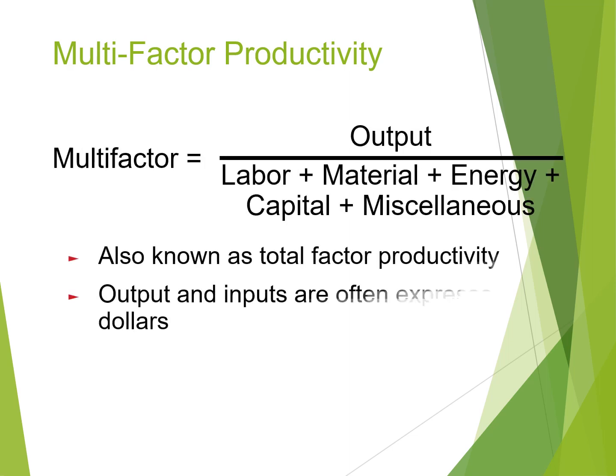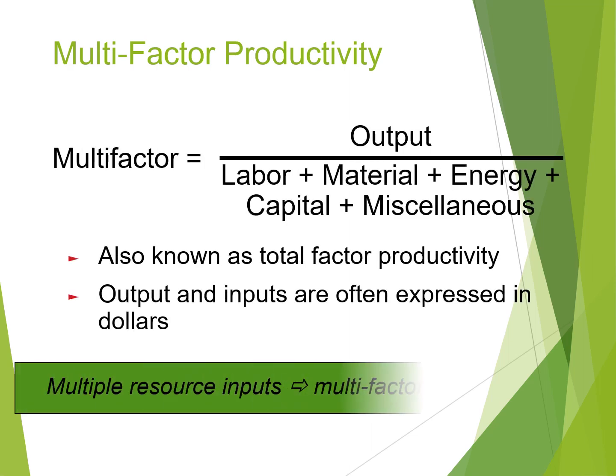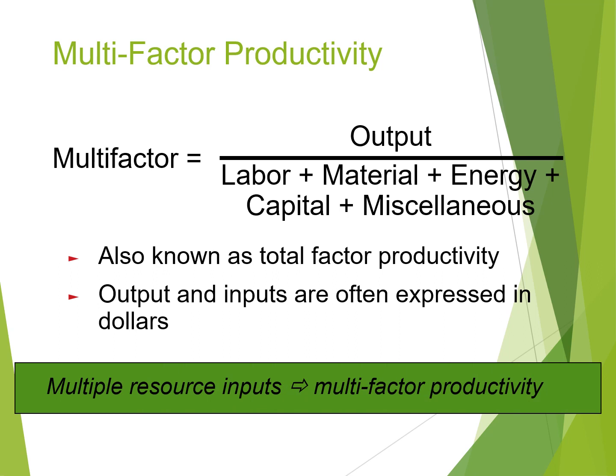Now this slide depicts a multi-factor productivity measure. Note that the multi-factor measure only makes sense if all inputs are expressed in the same unit, which would usually be a monetary unit such as the dollar.